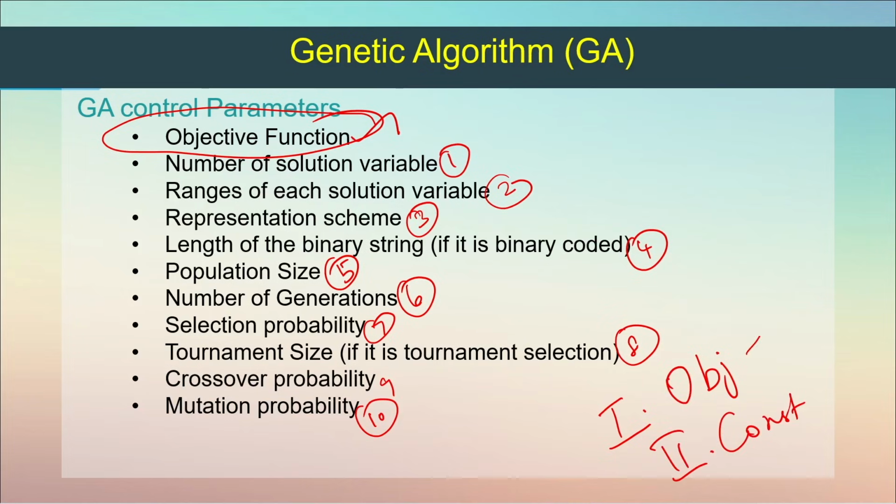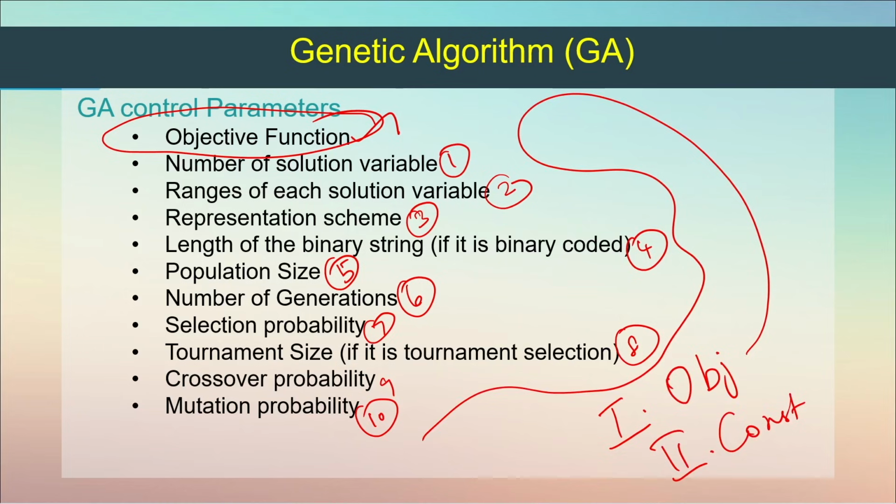From the objective function you need to derive these many parameters, and these change from algorithm to algorithm. If I am using particle swarm optimization, I need to optimize only a few parameters. If it is ant colony optimization, my parameters are very limited. Like that. For genetic algorithm you should look for these many parameters.